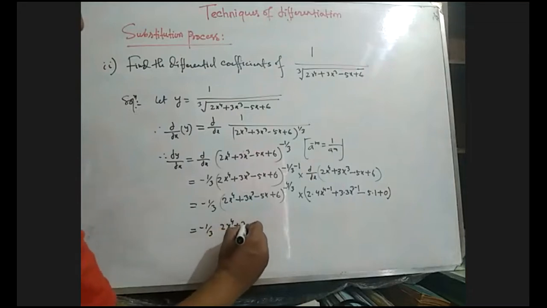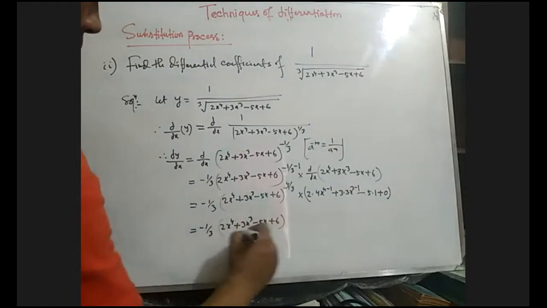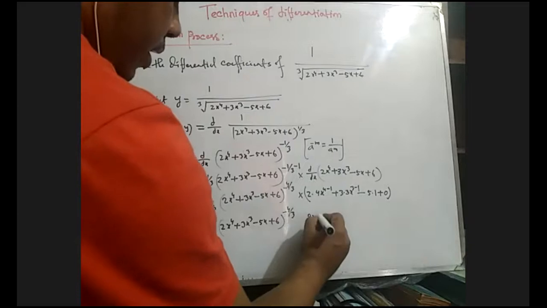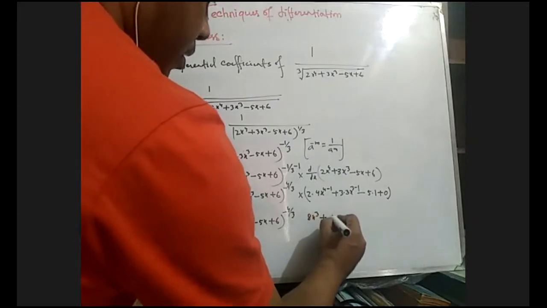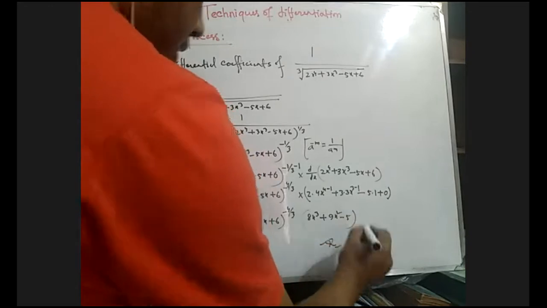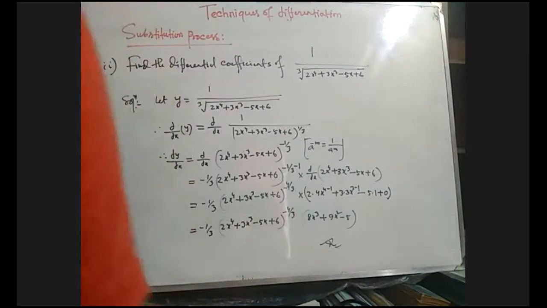So we get (2x^4 plus 3x^3 minus 5x plus 6) to the power minus 4 by 3, multiplied by 8x^3 plus 9x^2 minus 5. This is the required derivative. Okay, this is the result.